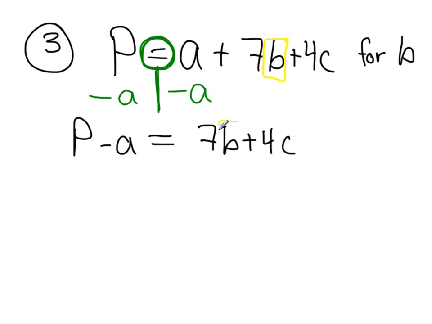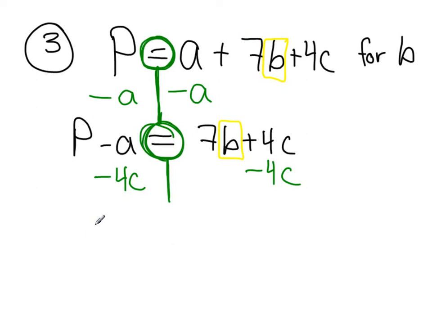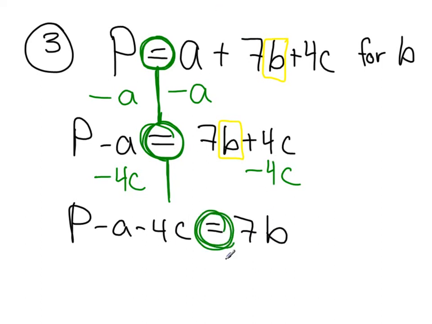Still want to get b by itself. We couldn't really combine any like terms, so we have to do addition principle twice here, in which we're going to subtract 4c from both sides. So we have p minus a minus 4c equals 7b. Still want b by itself, and currently we have 7 times b, so in order to undo it, we divide by 7.